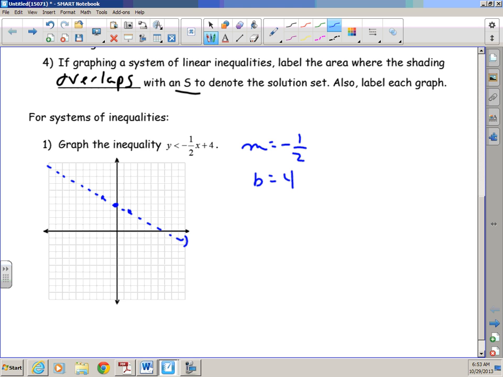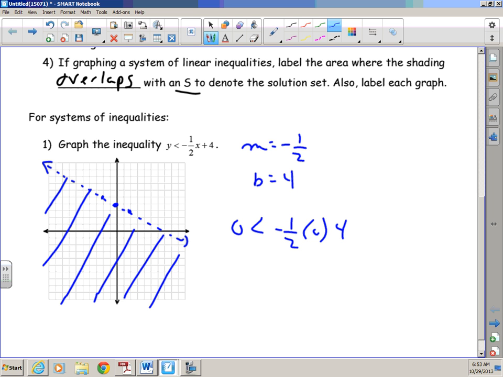As I suggested, go from one end of the coordinate plane to the other. Since it's less than, I'm going to shade this whole region below. And since 0, 0 is in the solution set, I'm going to check my answer by inserting 0, 0. And yes, it's a true inequality, so I shaded the correct way. Okay.